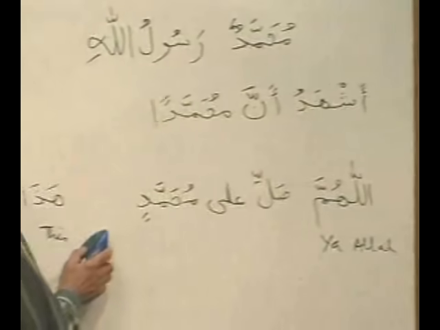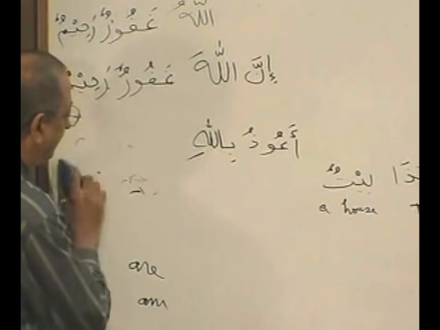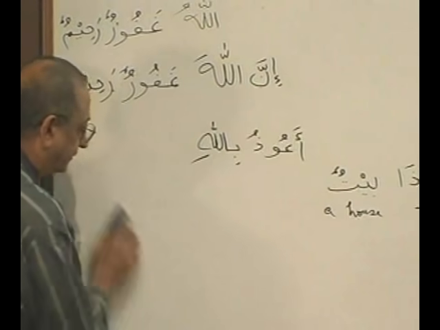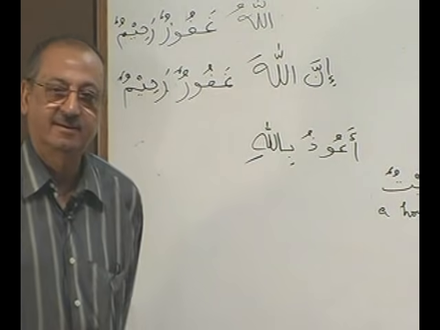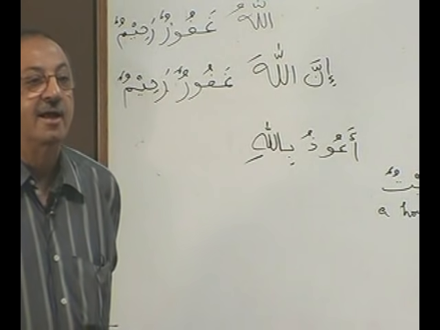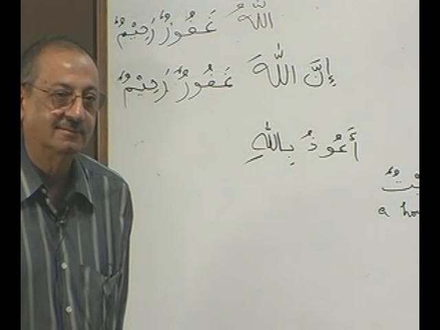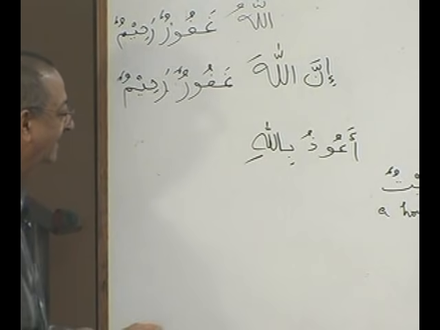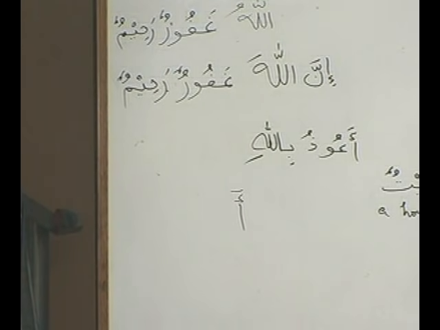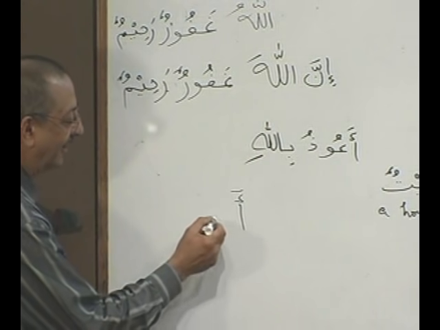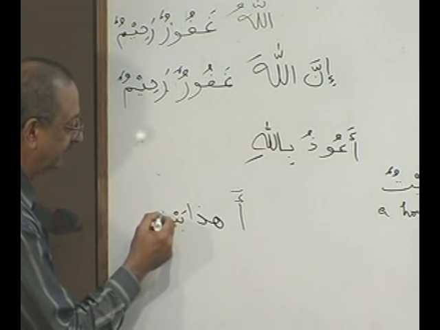Okay, brother. Now, I come to something here. Hadha baitun. This is a statement. This is a house. How do I change that into a question? By just putting Hamza. What will you say now? Ahadha baytun.